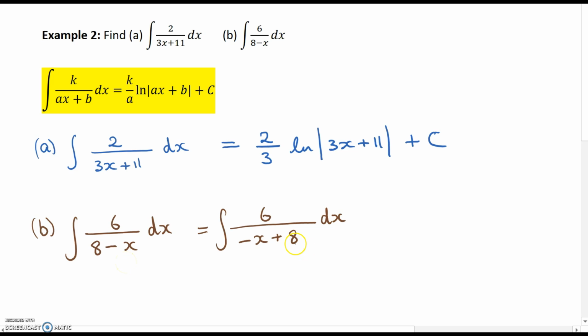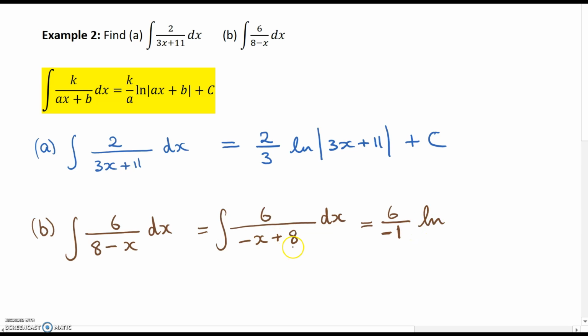So now we have it in a format that's more akin to the formula. So we start off, it's going to be the top, so 6 over the coefficient of x. Well, the coefficient of x in this case is negative 1. So it's 6 over negative 1, and then we have the log of whatever was on the bottom.